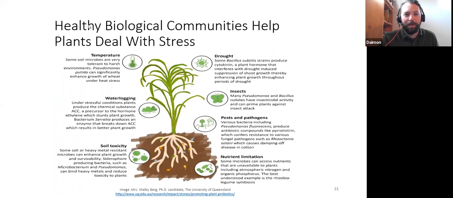So, this has a number of things on it, and we don't need to necessarily read all the tiny print here, but just the point that having a really healthy ecosystem of the soil and healthy plants by treating them right above ground, as Carl had talked about, can really help those plants deal with stress, whether it's drought, insects, waterlogging, any sort of toxicity in the soil or nutrient limitations, excessive heat.